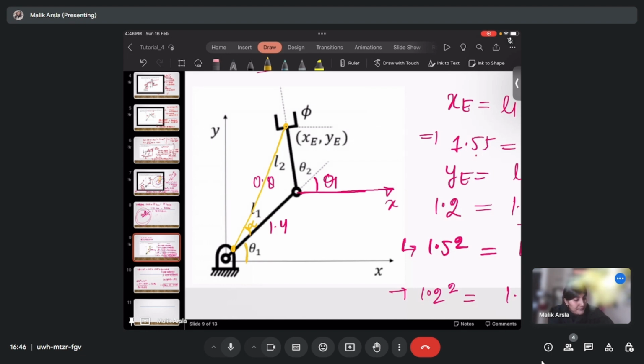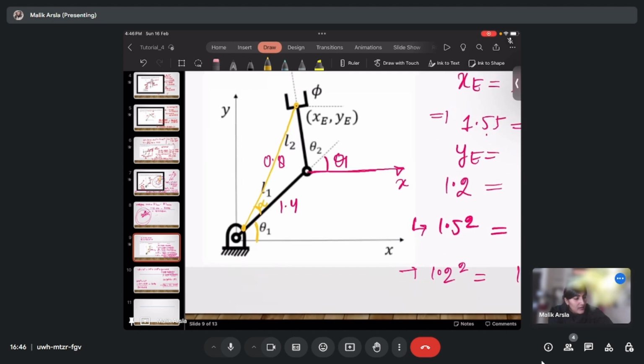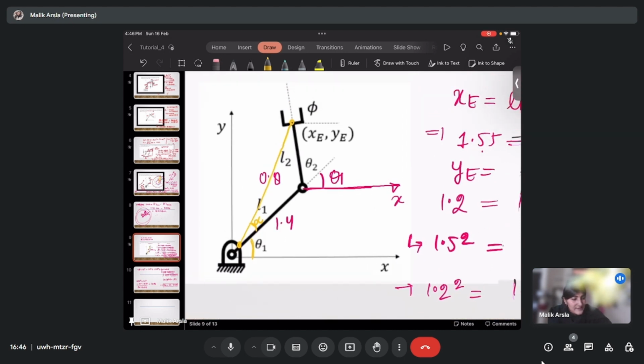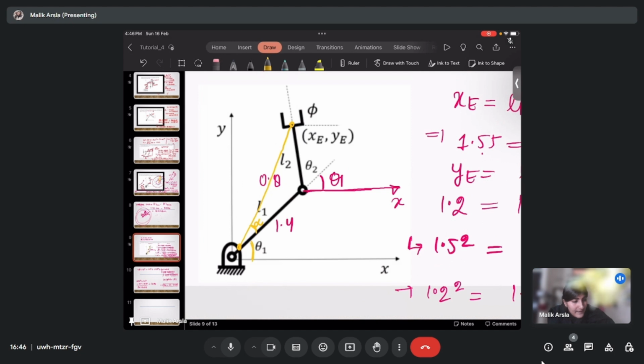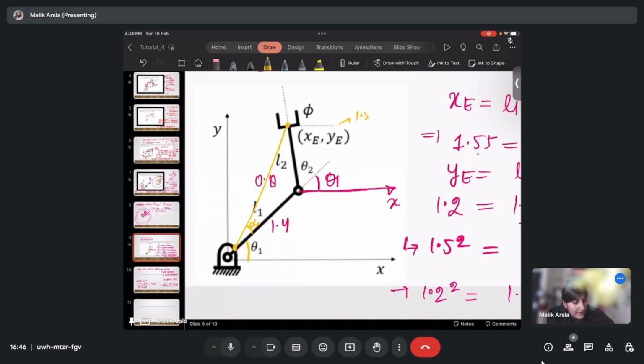Basically I know xc and yc, right? xc is equal to 1.5 and y is equal to 1.2. So with this xc and yc, I can write the tangent of this angle, tan of alpha plus theta 1 is equal to perpendicular by base, right?